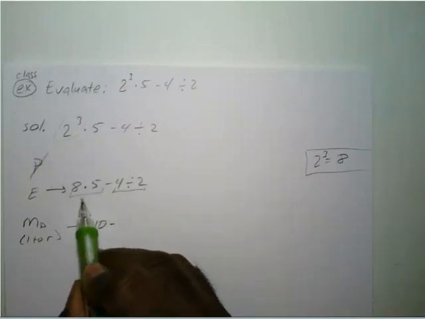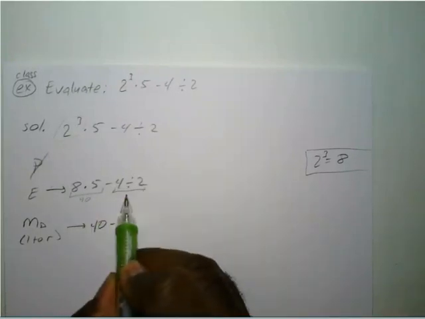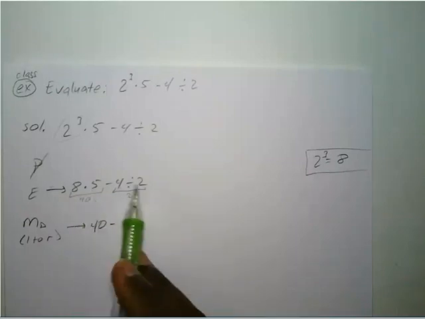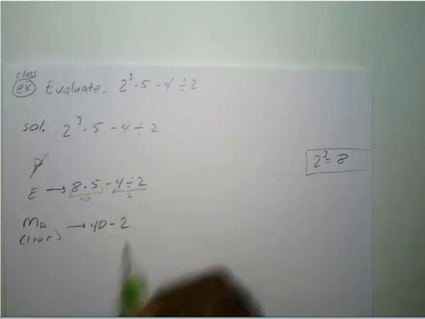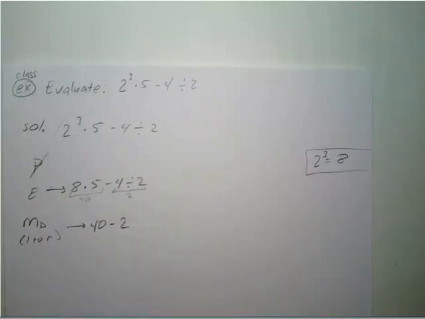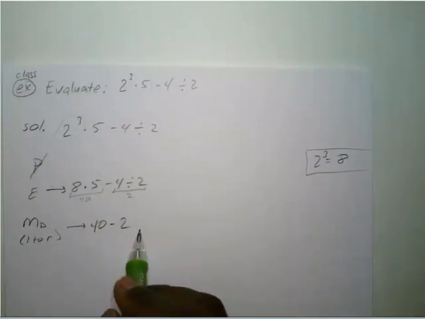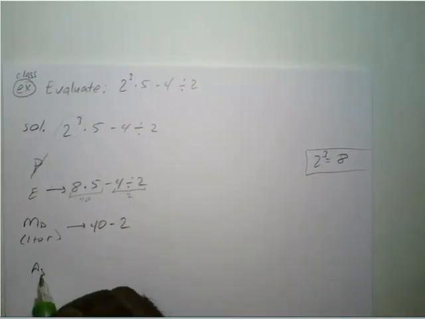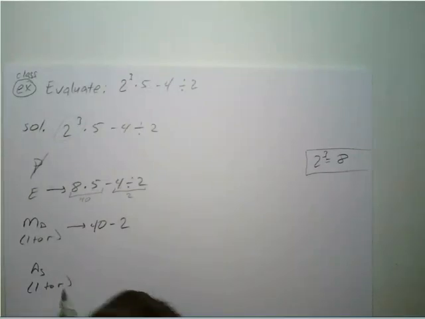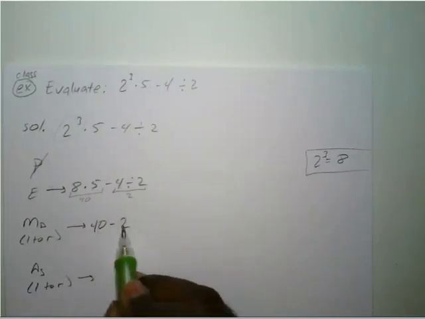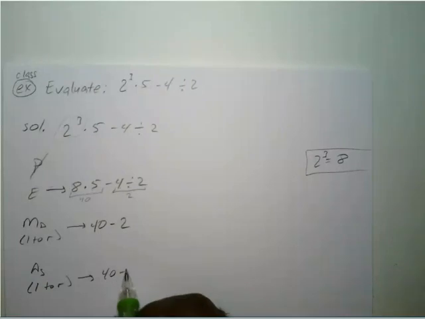So 8 times 5 is 40, and 4 divided by 2 is 2. So we end up with 40 minus 2. Then I'll do the adding and subtracting step from left to right. So 40 minus 2 is 38.